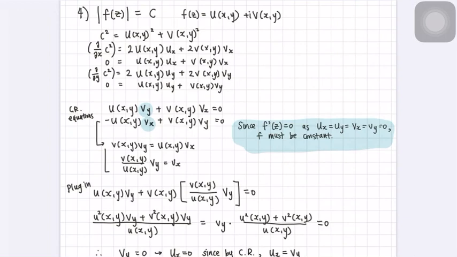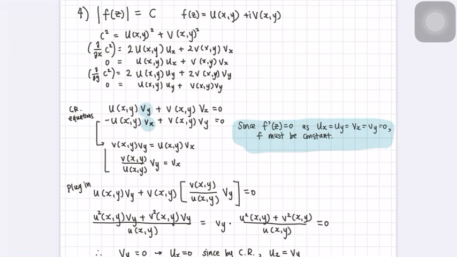Now we use the Cauchy-Riemann equations because we know that f is holomorphic. The Cauchy-Riemann equations must be true. And we replace all the ux and uy with the v's.